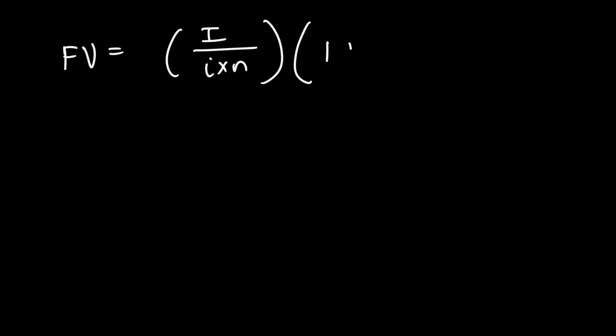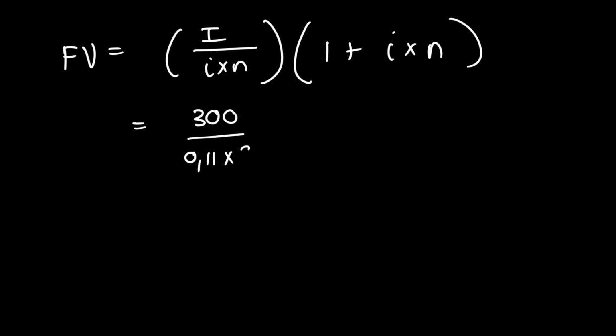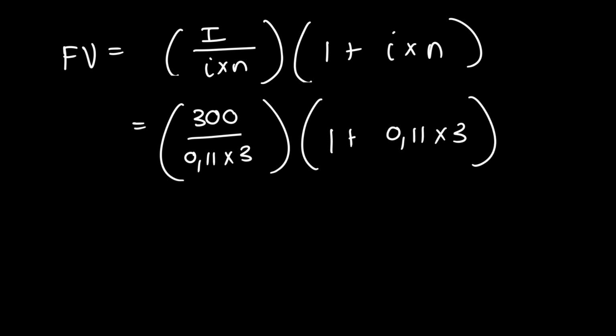Then you have 1 plus I times by n. And then you have 300 over 0.11 times by 3, 1 plus 0.11 times by 3. And if you do this on your calculator, you will get that approximately equal to 1209.09, the accurate version of it.